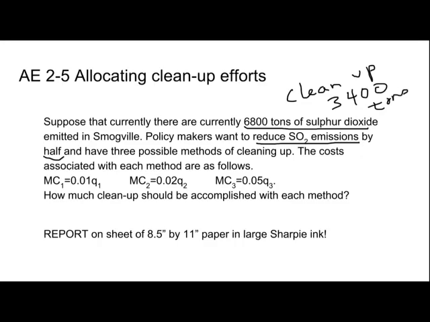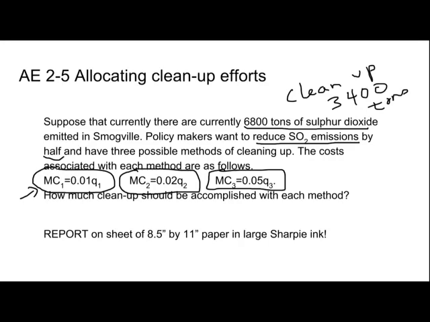And then we have these marginal costs associated with each of three possible cleanup methods. Our intuition would tell us, oh, just use all of method 1 because 0.01 is less than 0.02, 0.05, and that would be wrong.